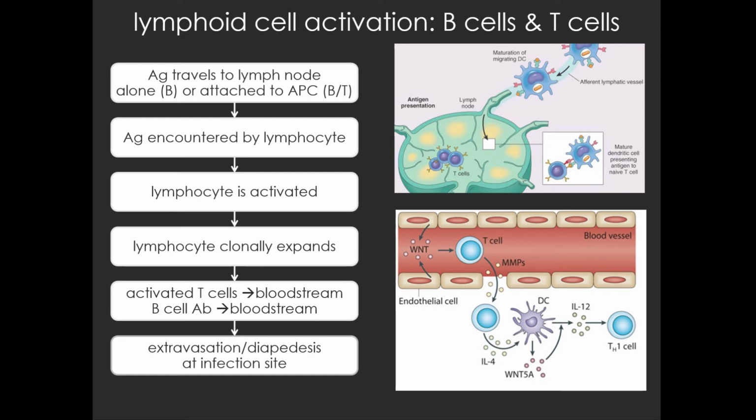So the T cell will recognize antigen that is presented by an antigen-presenting cell that will activate the naive T lymphocyte, which causes that lymphocyte to undergo mitosis and cytokinesis hundreds of times, thousands of times, and as it's making exact copies of itself with the exact same T cell receptor, it's clonally expanding into active cells called effector cells in the case of a T cell, which we're going to see in a few minutes.